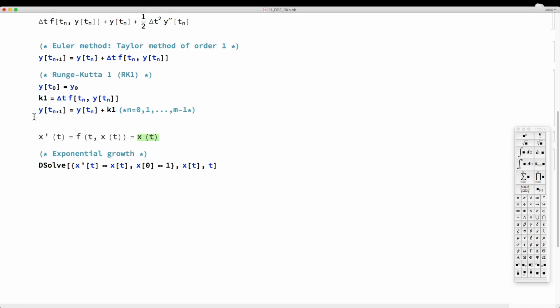Now I have a comment here. We could set up a set of time points or time grid using this symbol Tn, and so you could use T0, T1, T2 and so on to store the moments in time that we're using to evolve the system.